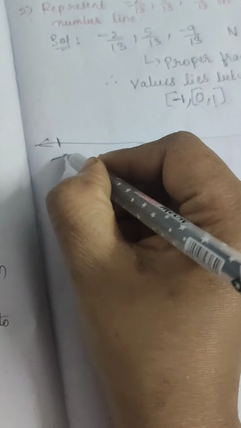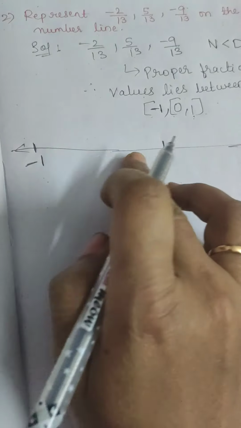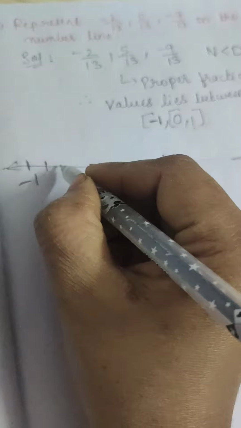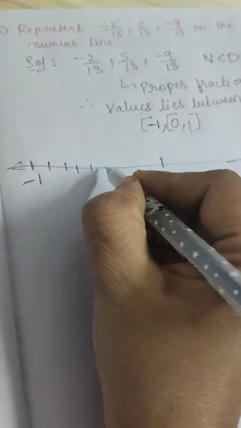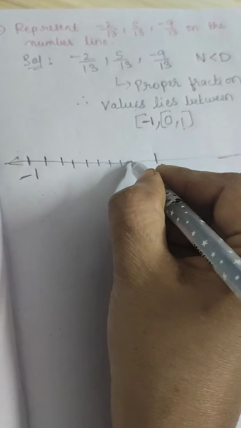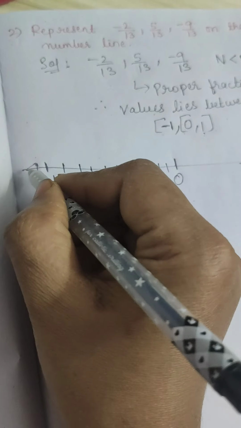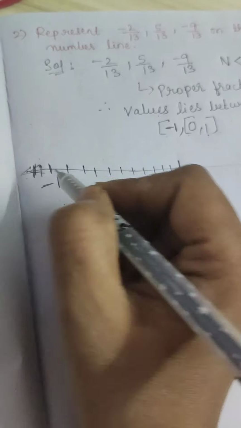In the center I take 0. Okay, right side, here it is 1, here it is minus 1. Now we should divide this into 13 parts, again here into 13 parts. Okay, 1, 2, 3, 4, 5, 6, 7, 8, 9, 10, 11, 12, 13 parts.